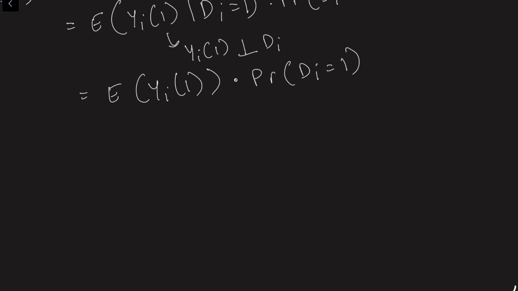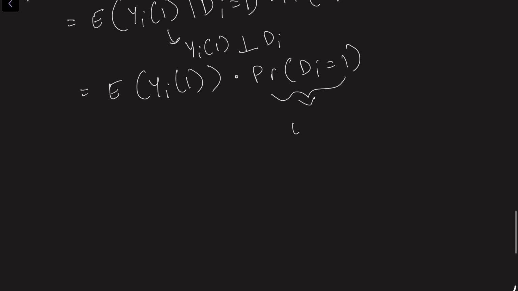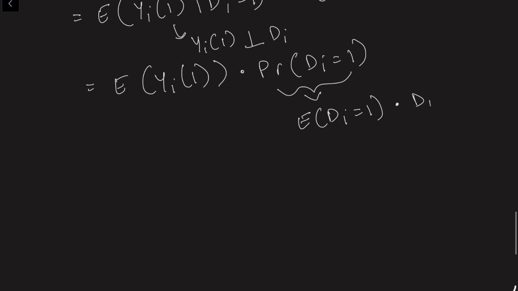This probability of being treated can be written as the expectation of being treated times the number of times you get treated. So it's like an indicator function. We are just rewriting probability as an expectation.